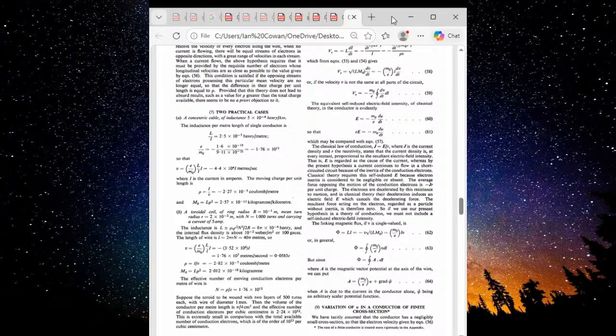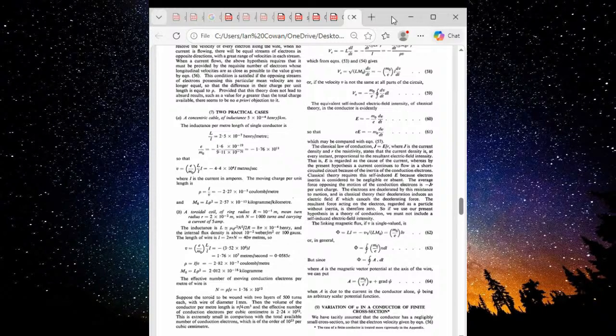And he gives some numbers for these. 8 pi times 10 to the minus 4 Henry is the inductance. And the internal flux density is about 1/100th Weber per meter squared, or 100 Gauss. Length of the wire is 40 pi meters.